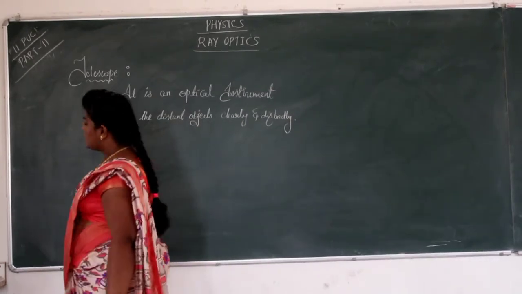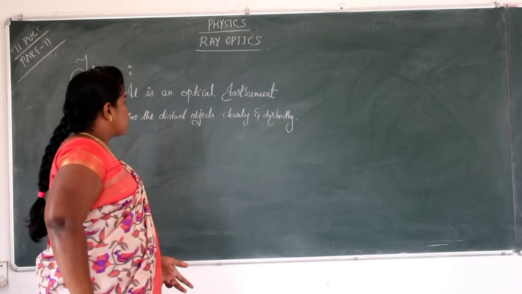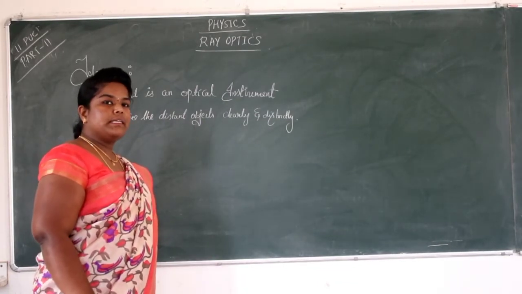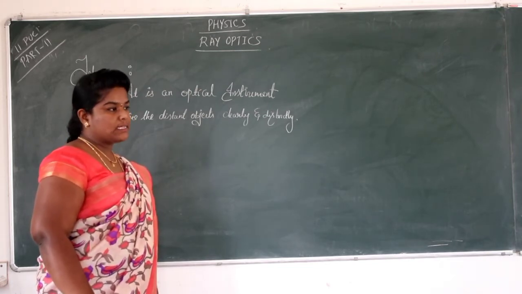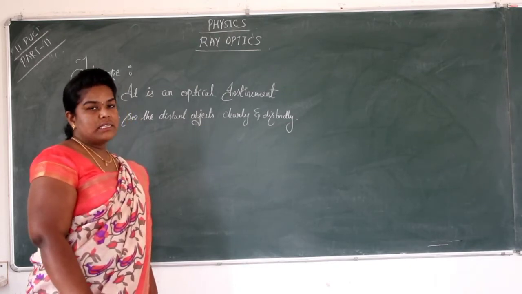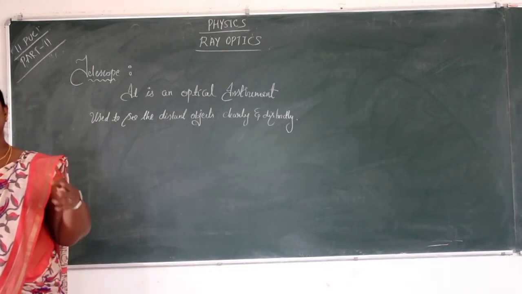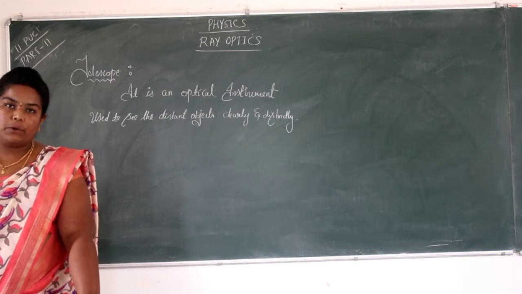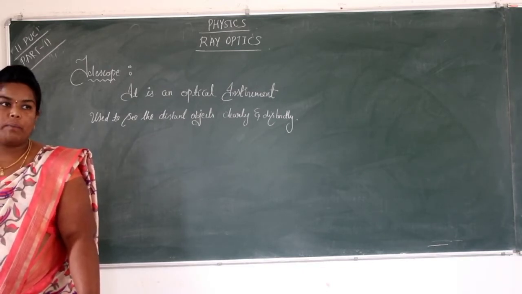When we come to the telescope, we have two different types. One is the refracting telescope and the other is the reflecting telescope. The reflecting telescope has more advantages than the refracting telescope.